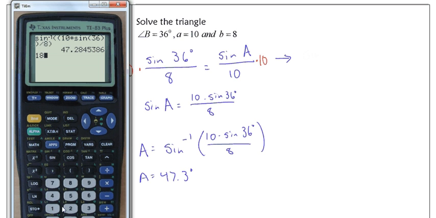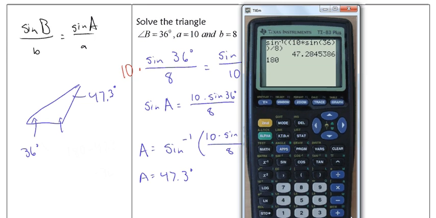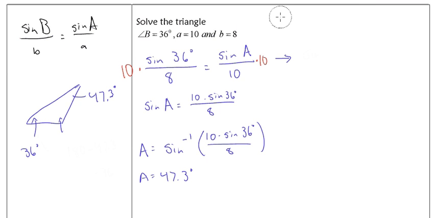180 minus 36 plus 47.3, and we get 96.7. So 96.7 degrees. So there we are, angle C. Sorry, I should have an angle symbol there probably, just to be clear.